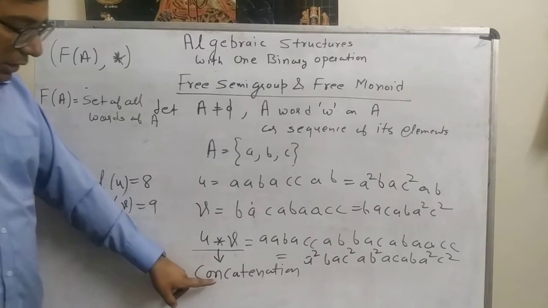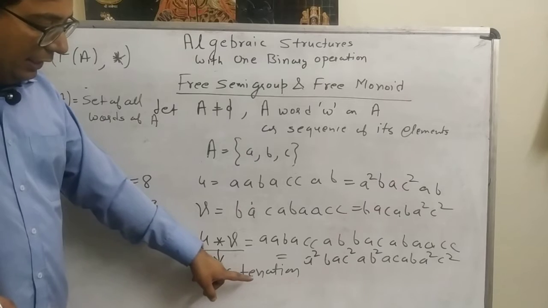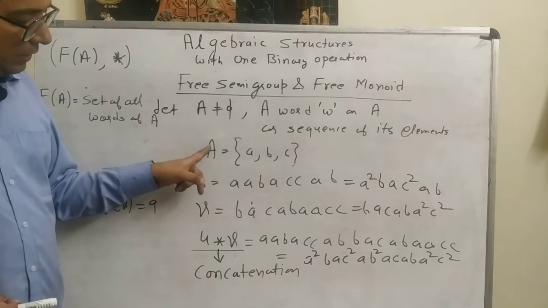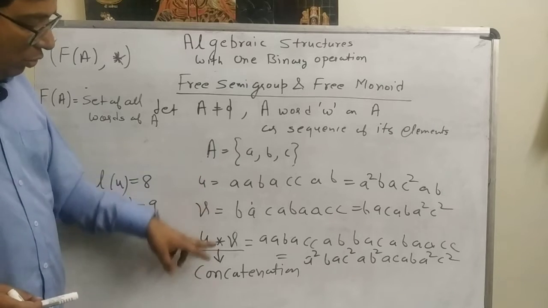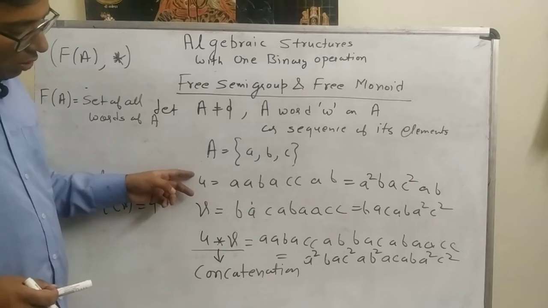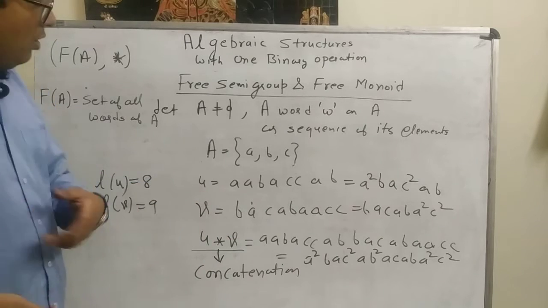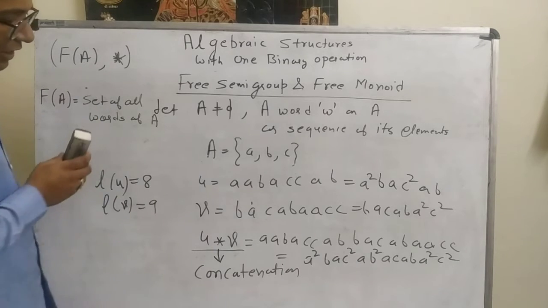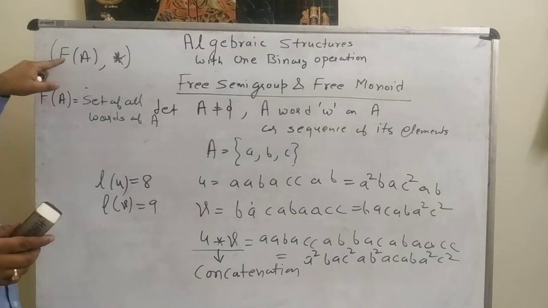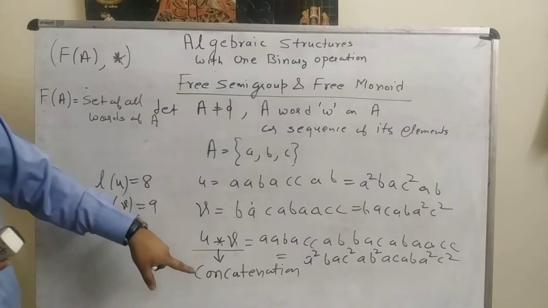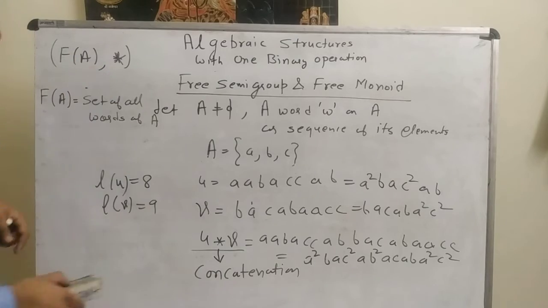We have already defined the operator concatenation, and we have seen that it is closed under F(A), because whenever we apply concatenation on two words, we get another word which remains in F(A). Now let us check whether it is associative or not, because if it is associative, then this algebraic structure F(A) with concatenation will become a semigroup.